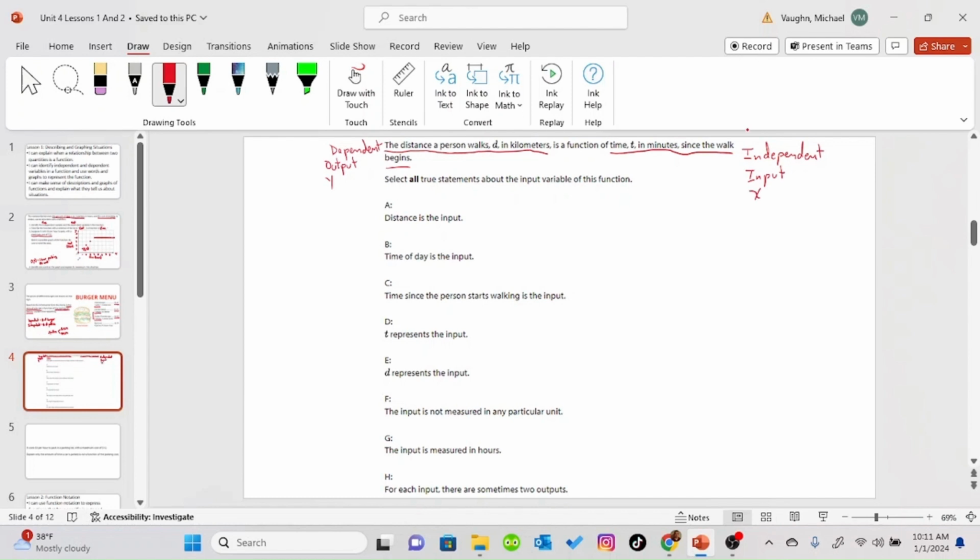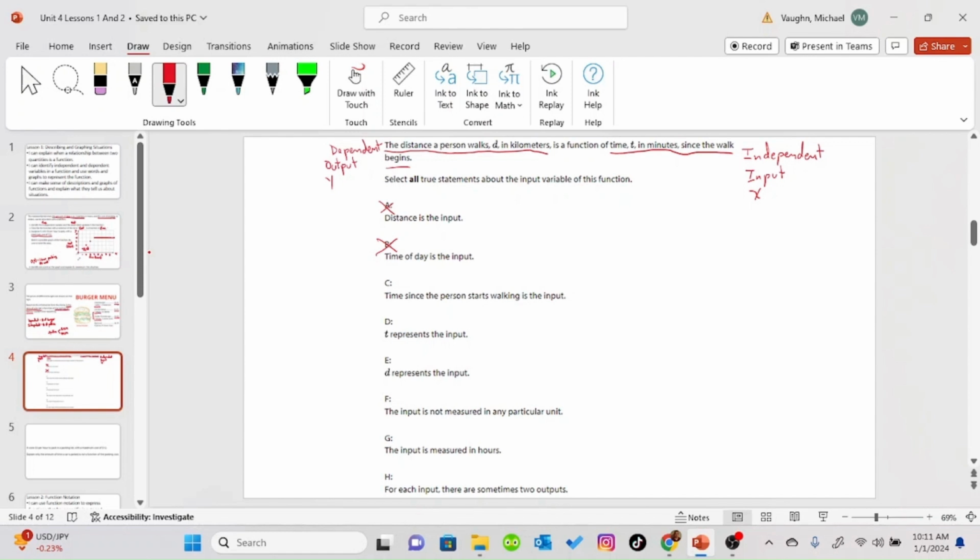So now we can go through the choices. A says distance is the input. Well, we said distance is dependent, so that's my output. So A is not correct. B, time of day is the input. Well, time is the input, but it's time since the walk begins, not time of day.